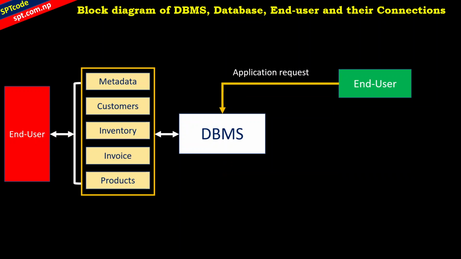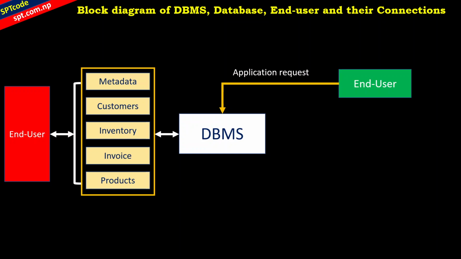Suppose we have two users, and the users send requests. We can give an example of e-commerce sites like Hamro Bazaar or Daraz. We want to find whether some goods are available or not.